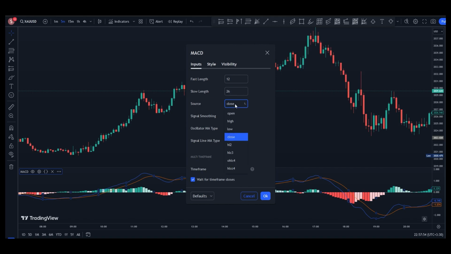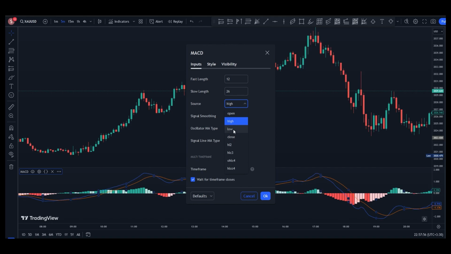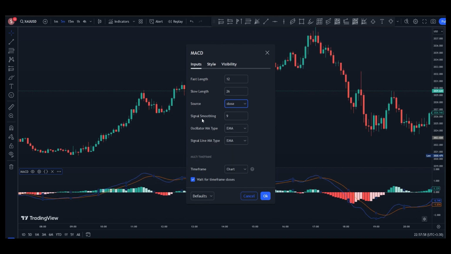You can change the source, as you see: high, low or close. I'm not going to touch that. Signal smoothing is 9. I'm not going to touch that, but you can smooth your lines. You can change your oscillator type MA.